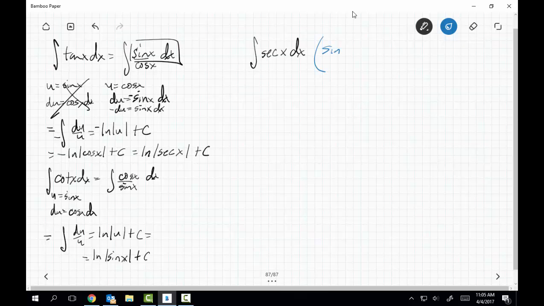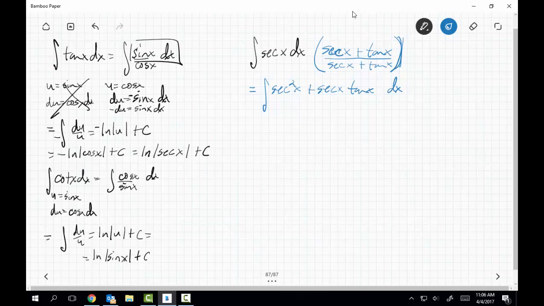I'm actually going to multiply by the secant of x plus the tangent of x over the secant of x plus the tangent of x. That's just a goofy looking 1. This turns into the integral of secant squared x plus secant x tangent x, with the dx over here.